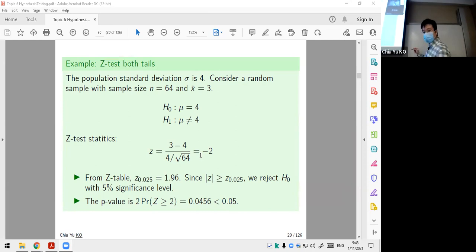So what we'll be showing is this question again. So this one looks like this. Under the null, this is 4 here. So we would say that this hypothesis will be rejected if it is too far away from 4, below or above, right?